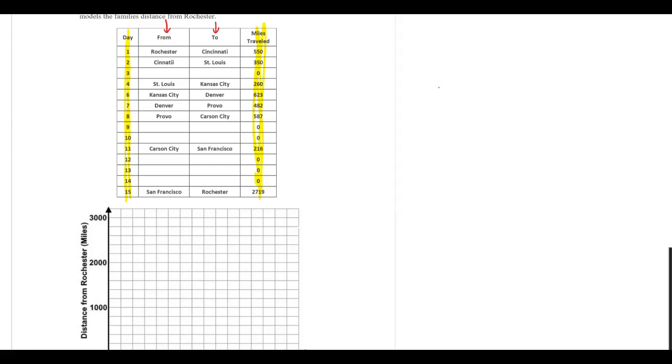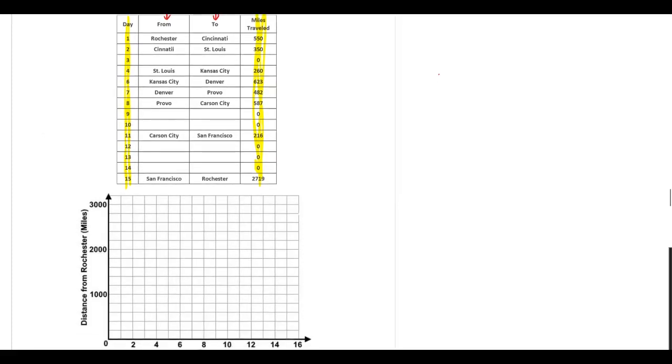So if I plot these 2 coordinates out on day 1, I want to plot 550 miles. I'll notice I go from 0 to 1,000, so it looks like each one of these intervals is going at about 200 miles per.